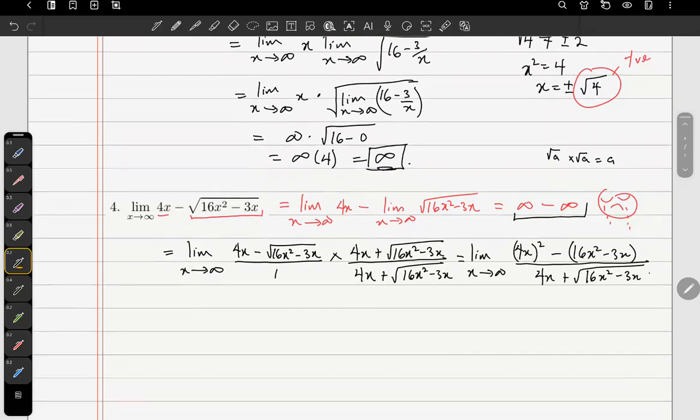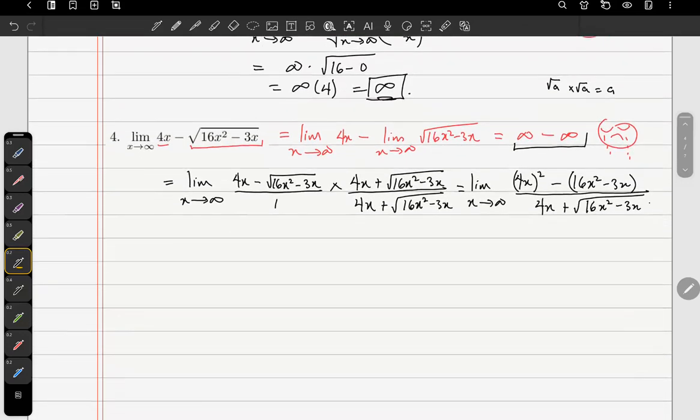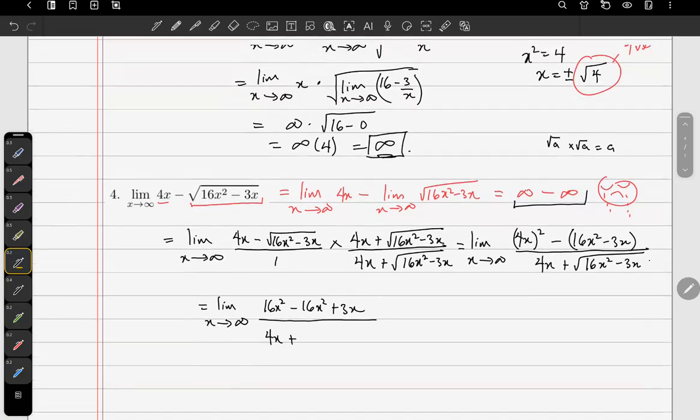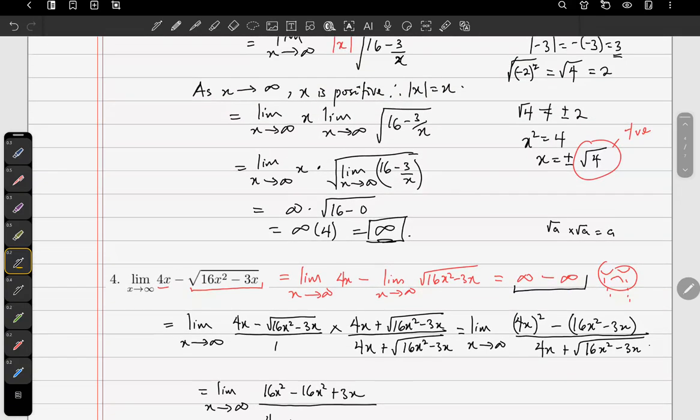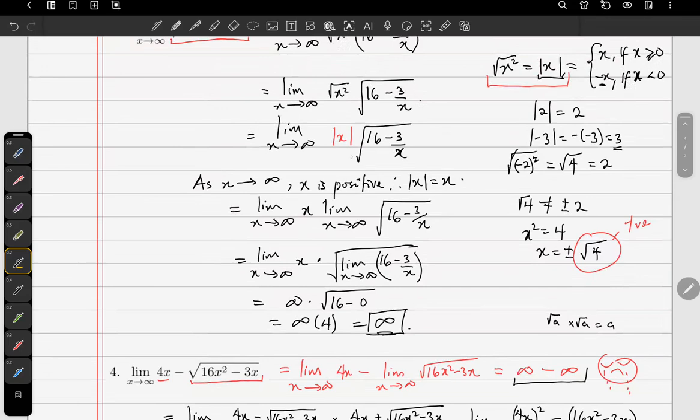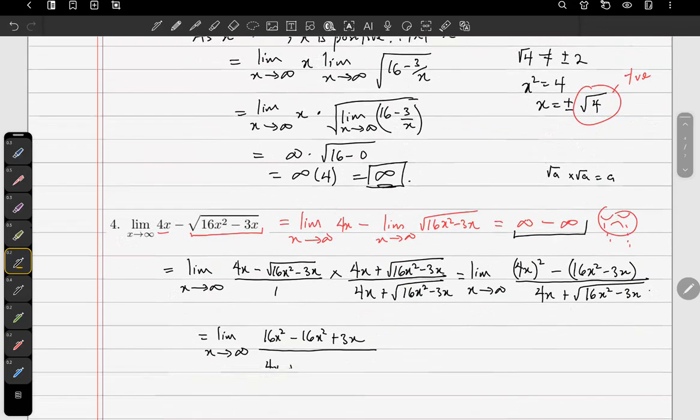So in this case, we now have this to be the limit as x goes to infinity of 16x squared minus 16x squared plus 3x all over 4x plus, you remember that we've done this before, the exact trick we did here, so I'm going to just bring it in.